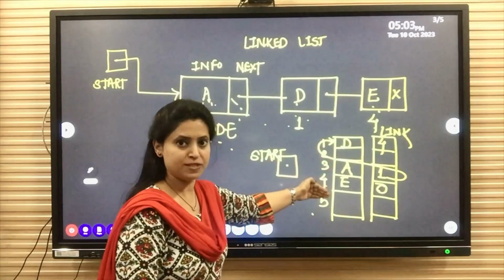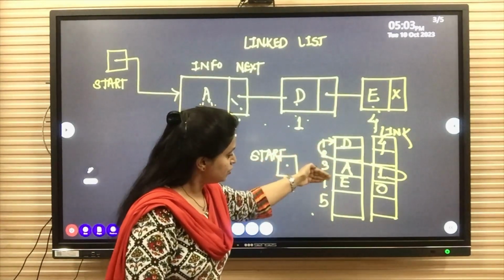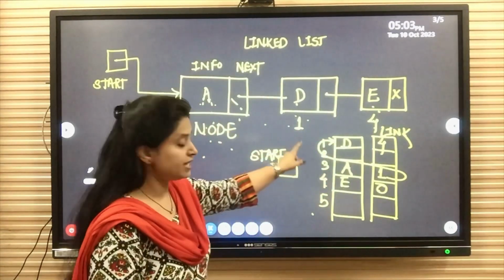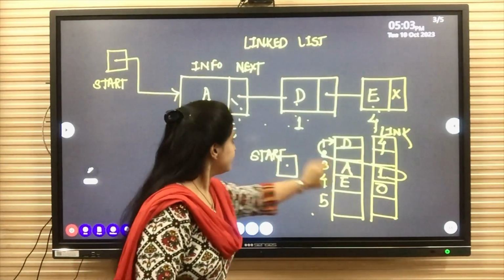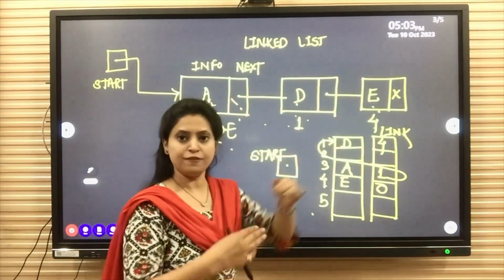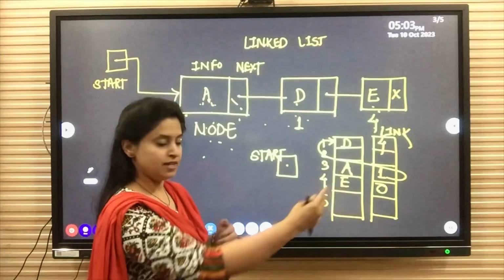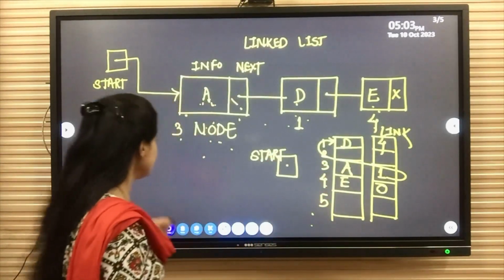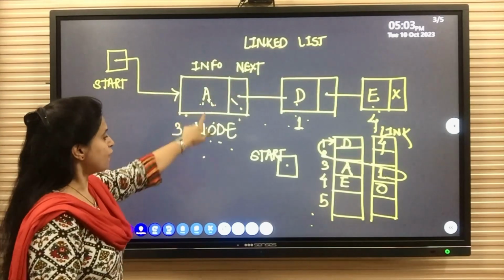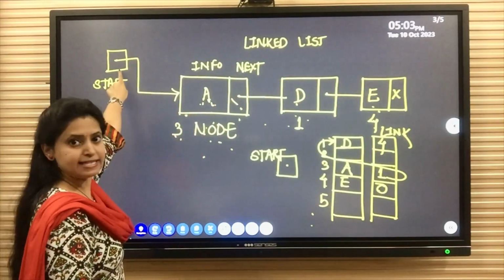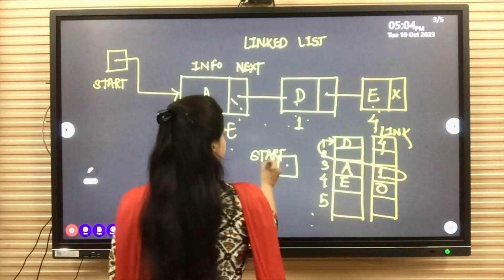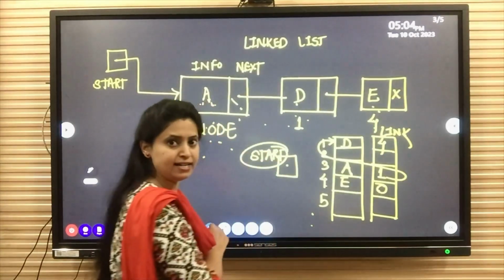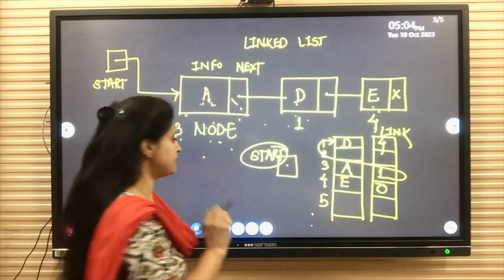Here you can observe that elements are not placed sequentially in memory. These elements we are considering one after the other. They are linked but they are not placed sequentially in memory. The address of the first element is stored in start, which means we have a pointer start which is pointing to the first element.